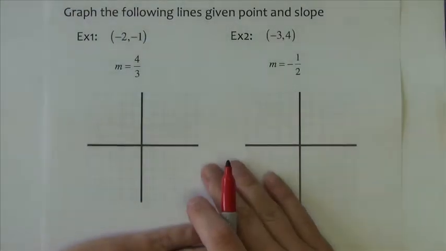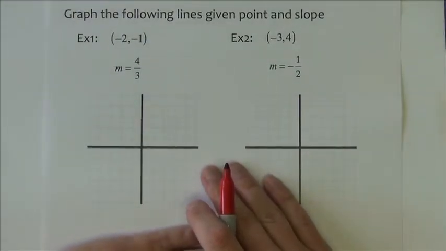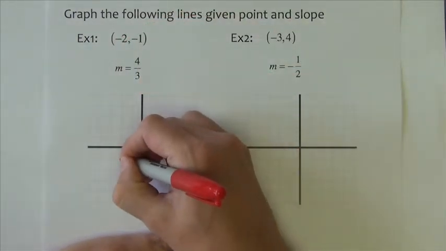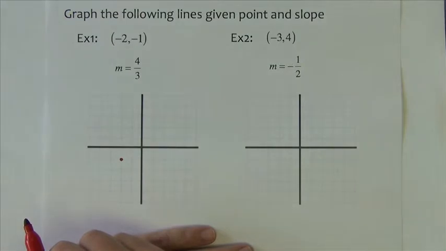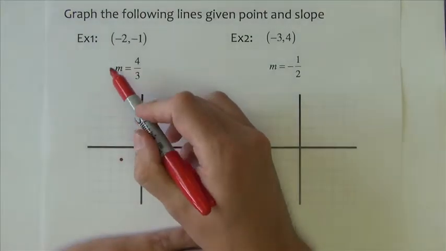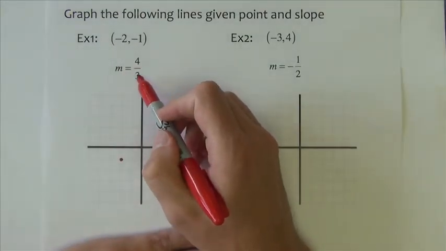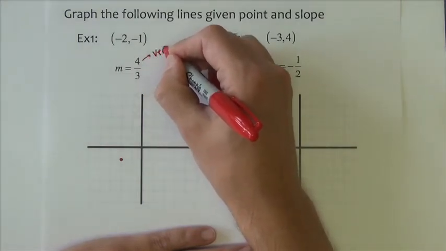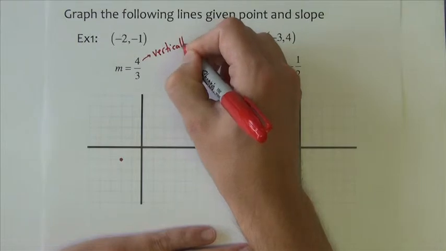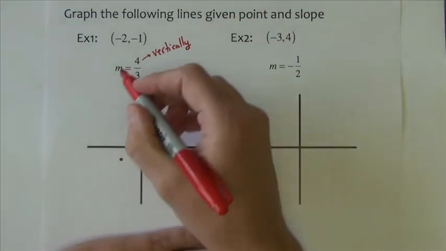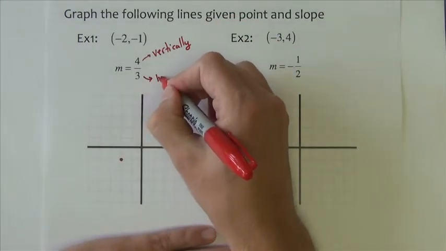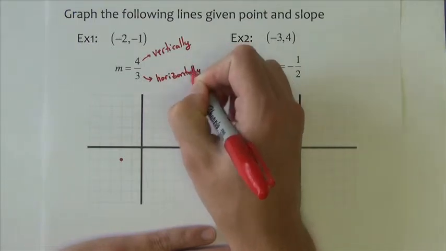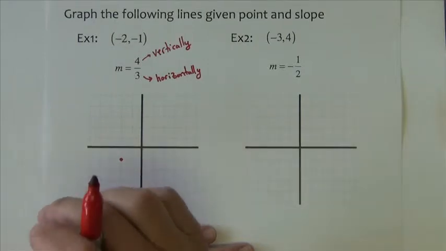Graph the following lines given point and slope. Here, we're told to start at (-2, -1). Then we're told the slope, denoted with the letter m, is 4/3. What that means is that we are going to go vertically 4 units and horizontally 3 units, and then we'll drop our next point.